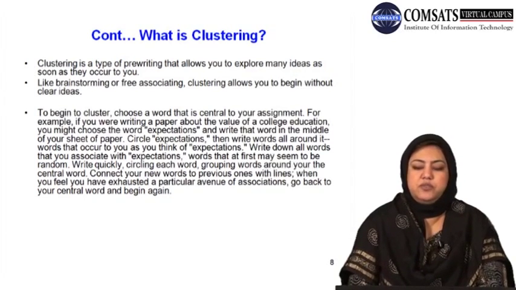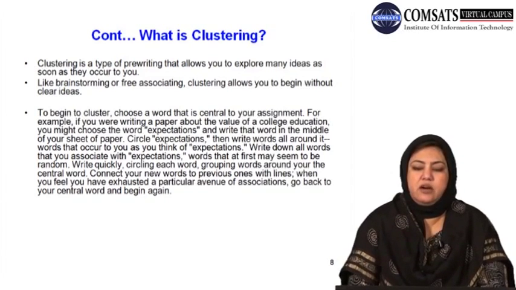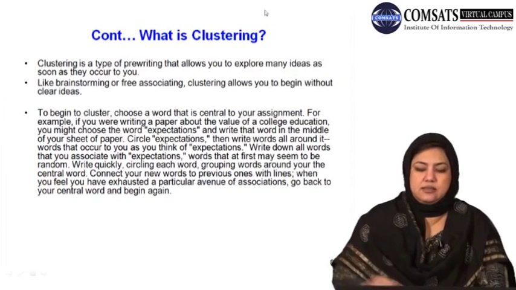Connect your new words to previous ones with lines or with arrows. When you feel you have exhausted a particular avenue of associations, go back to your central word and begin again. So you would go back to your central idea of a college education. You can start from there again, and thus you can develop certain clusters.